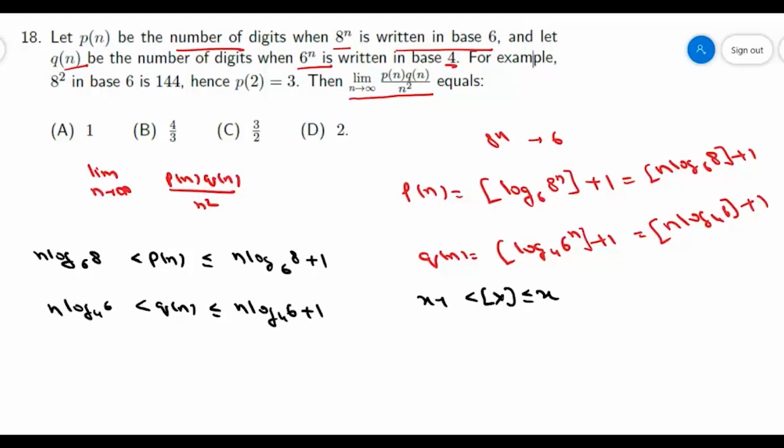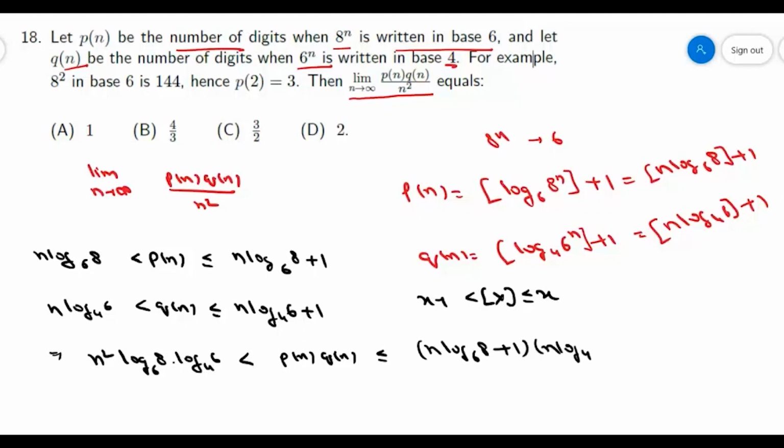Now if we multiply them, then we can write it as n square log 8 base 6 into log 6 base 4 is less than Pn into Qn and it is less than n log 8 base 6 plus 1 into n log 6 base 4 plus 1.